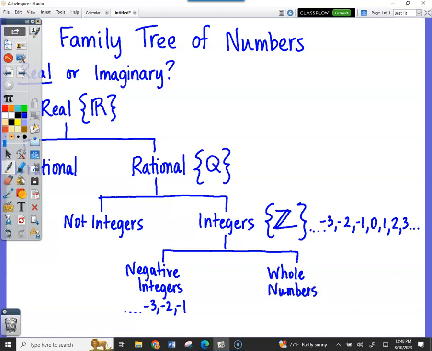Now, you probably thought that the integers were the whole numbers. A lot of people think whole numbers are the numbers in that category right here, but they're technically not. Whole numbers actually are the numbers 0, 1, 2, 3, and on.